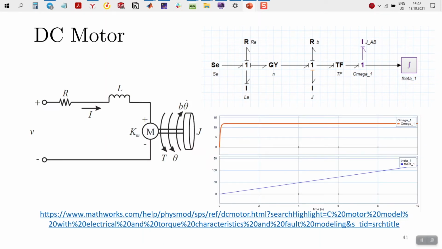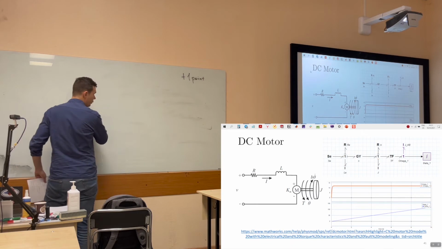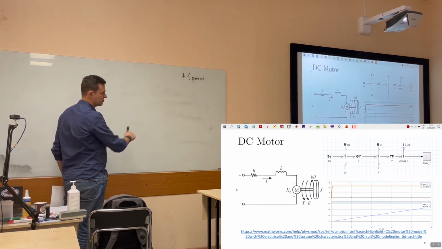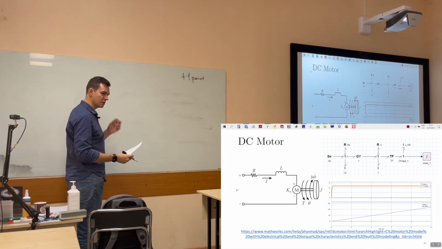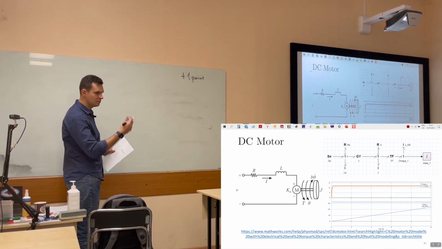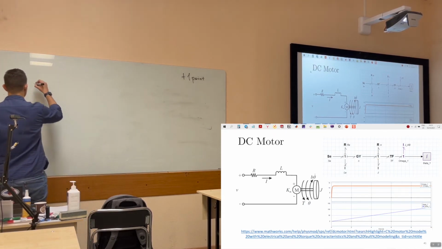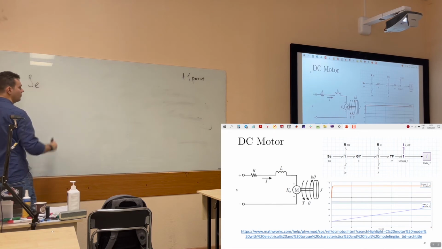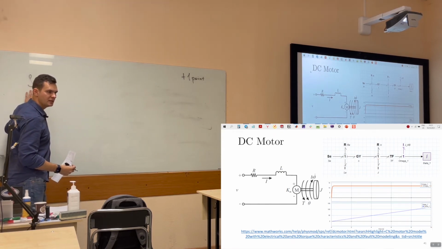So here you can see a picture, a diagram of a DC motor together with the bond graph. But I will just redraw the same bond graph and write down the equations, so that I will try to convince you that this bond graph makes sense. Okay, we start with the source of effort. What will it be if our domain is electrical?